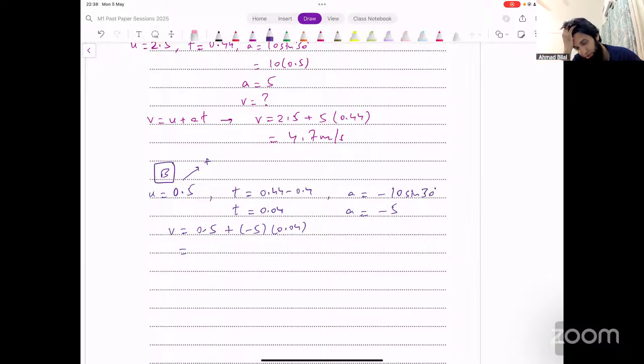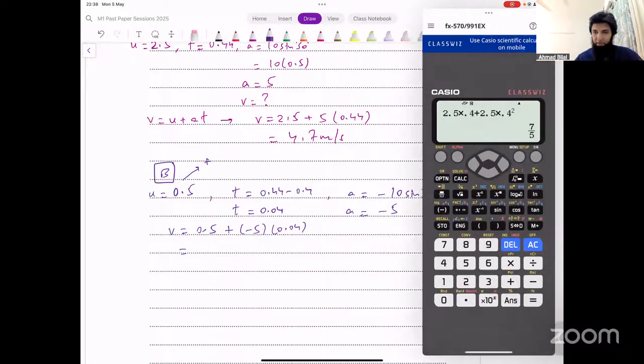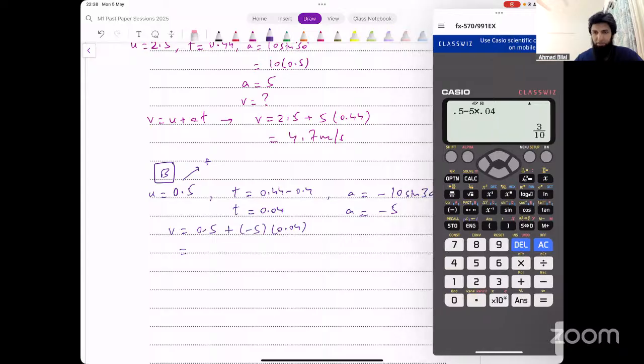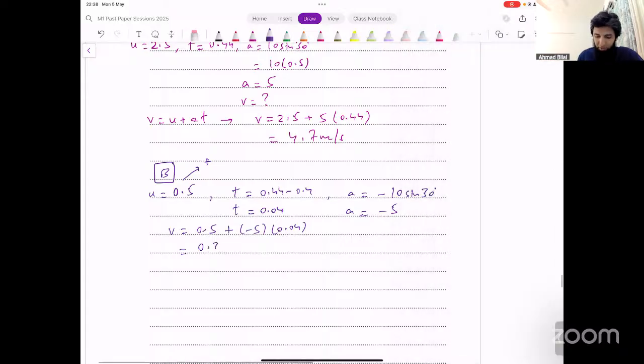Minus 0.3 or plus 0.3? Is it minus or plus? It's plus, right? 0.3 meters per second. So it's moving in the upwards direction still.